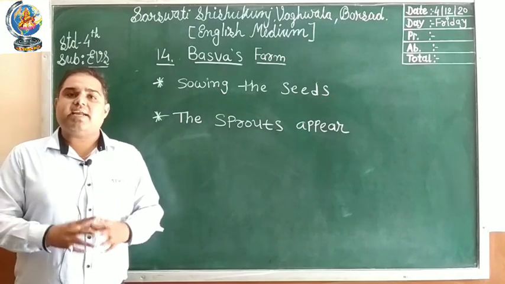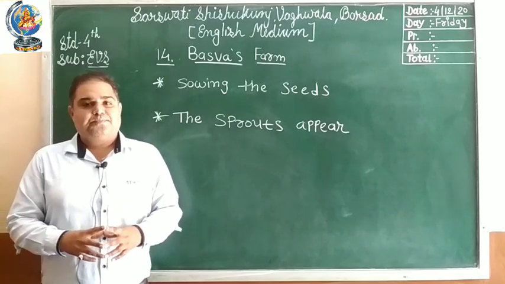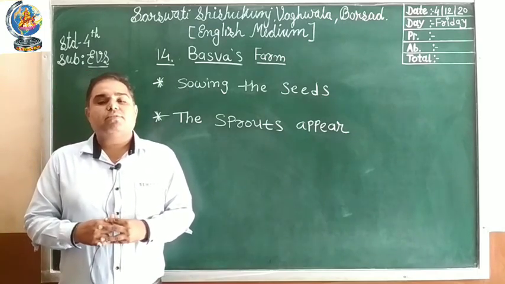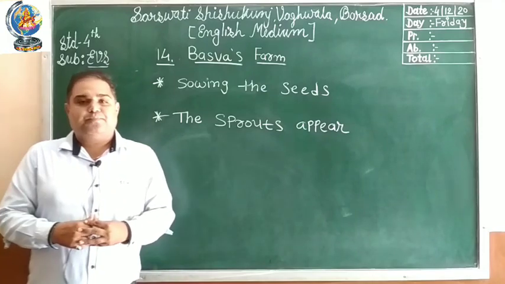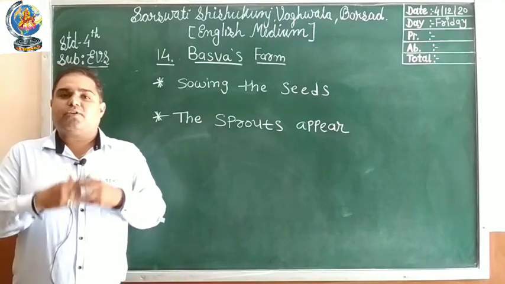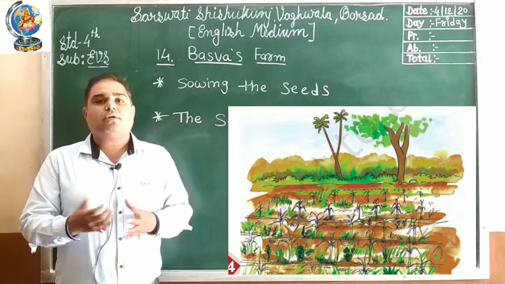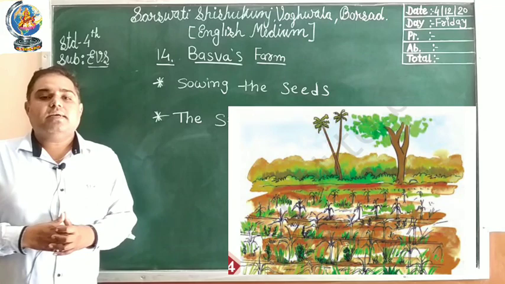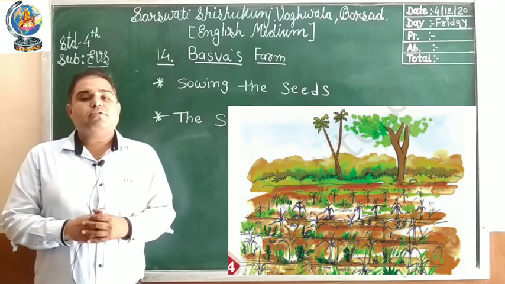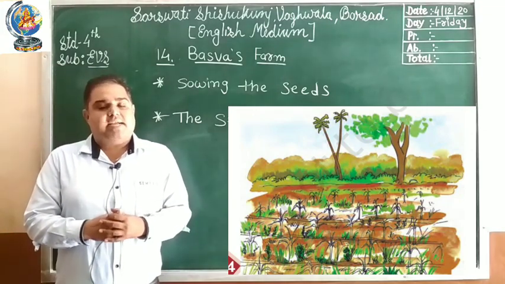So after 20 days of sowing the seeds, the onion plants have started to sprout. Students, this is an important thing, that after 20 days the sprout appears from the onion seeds. He saw sprouts appearing after 20 days.